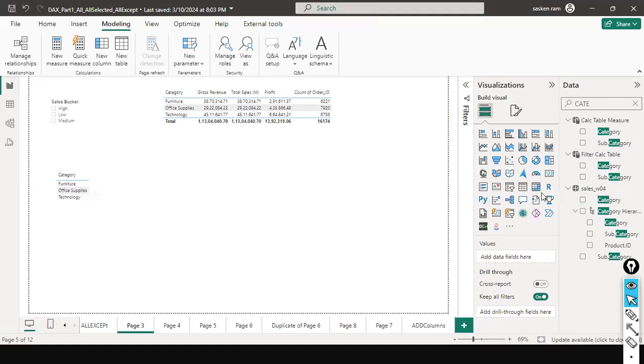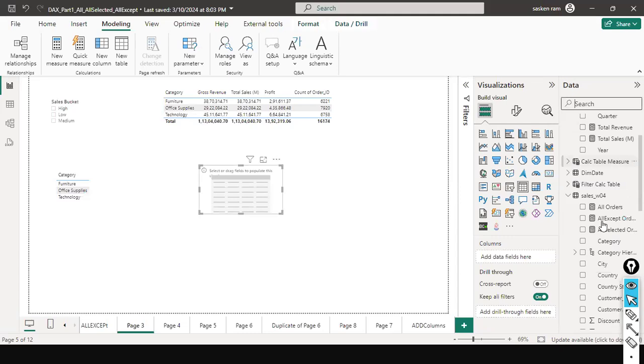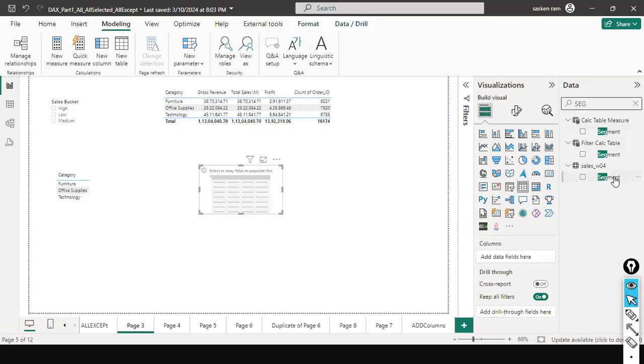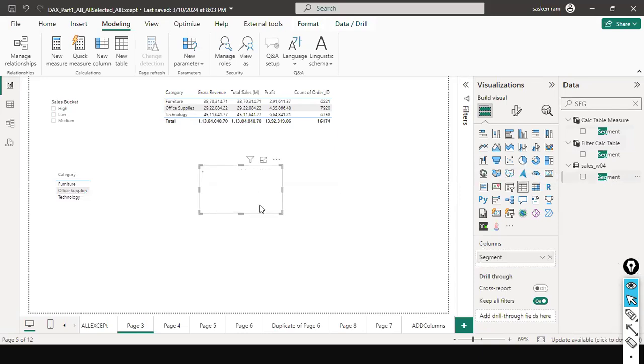Then I'll create another table visual and put segment here. We have three segments and one blank value, which you can ignore: consumer, corporate, home office. Segment is a categorical column, and category is also a categorical column.